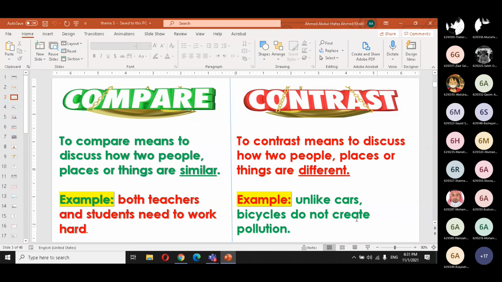If we say contrast, to contrast means to discuss how two people, places, or things are different. If you contrast, you show the differences. Now we said that Samsung mobile phones and iPhone are similar, right? Now what's different between them?